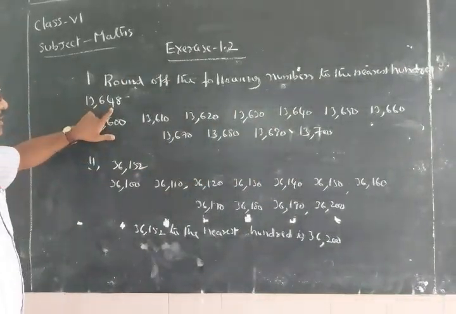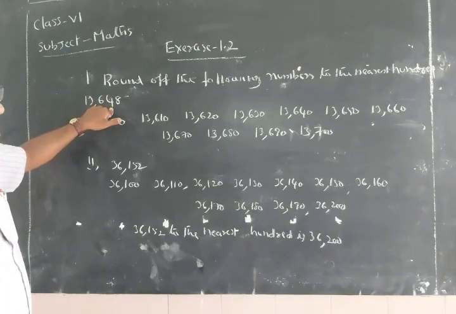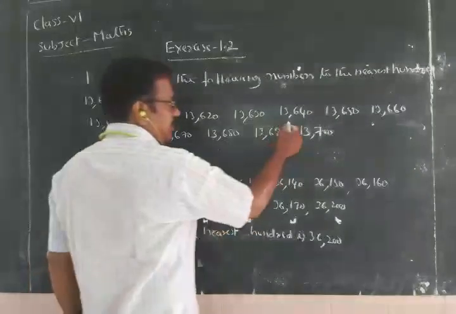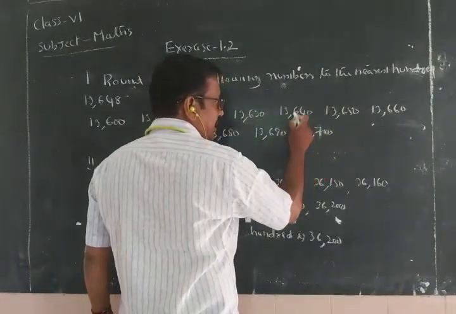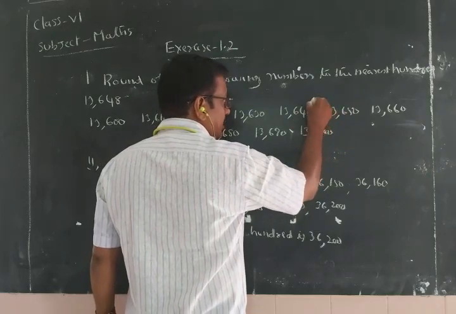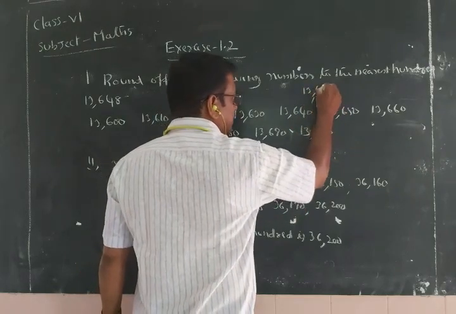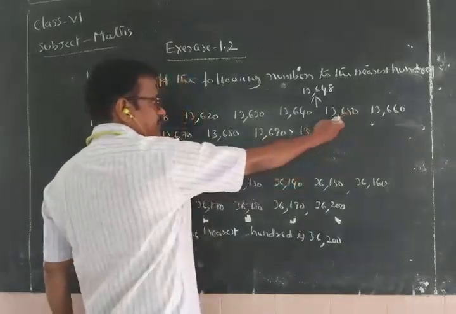So what is the number? 13,648. Where is 648? 650 is the middle. So 13,648 is below 650.